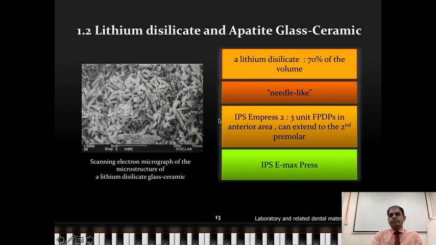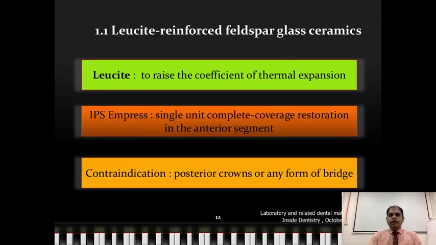The system derived from this classification is known as IPS Empress 2. IPS Empress 2 is used for the anterior area. Also we can use it for multi-unit restoration, a 3-unit fixed partial denture prosthesis. So again I summarize: the lucite one, IPS Empress 1, has lesser compressive or flexural strength.